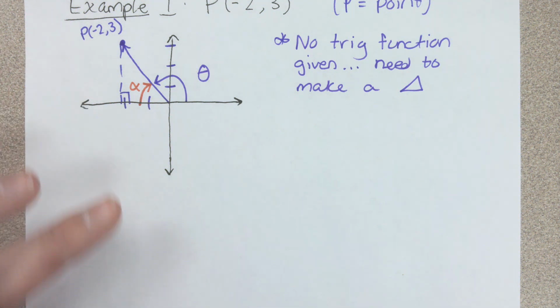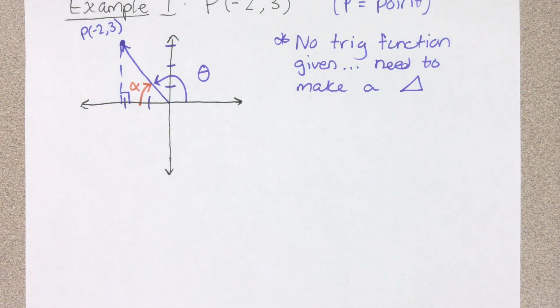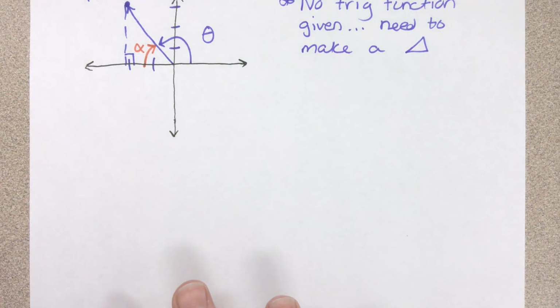And just so you know where we're going with this, the full goal of this problem is to get all the trig functions plus theta and alpha. So knowing that, that's going to kind of alter our direction here. I'm going to go ahead and fill in those blanks now just so they're down there.